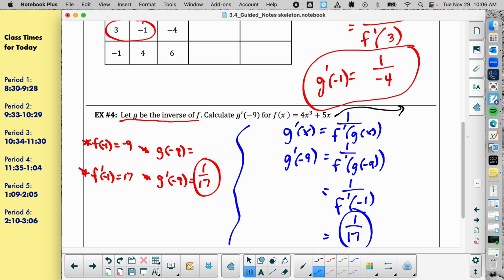I had to take the derivative of f because we were given f. I ran out of room. It's 12x squared plus 5. And then if I plug in -1, that's where it's going.